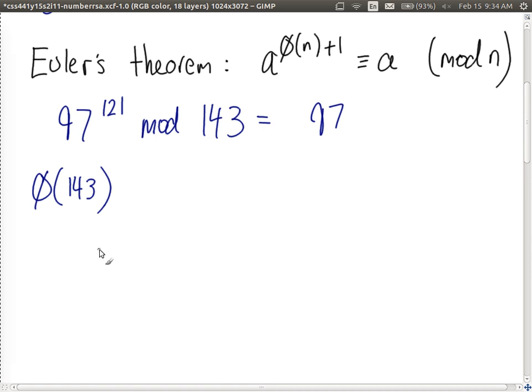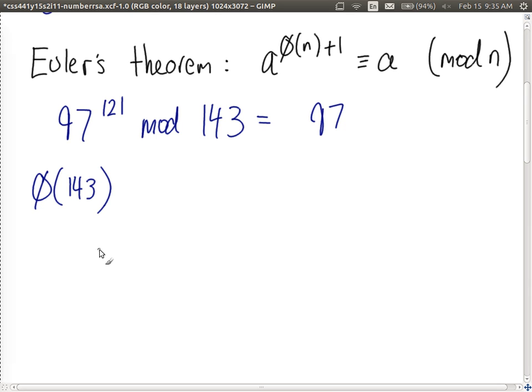Find the shortcut, that is, not having to try all 142 numbers. Some of the shortcuts, remember: the totient of a prime is the prime minus 1, but I'm telling you 143 is not prime, so that shortcut doesn't work.